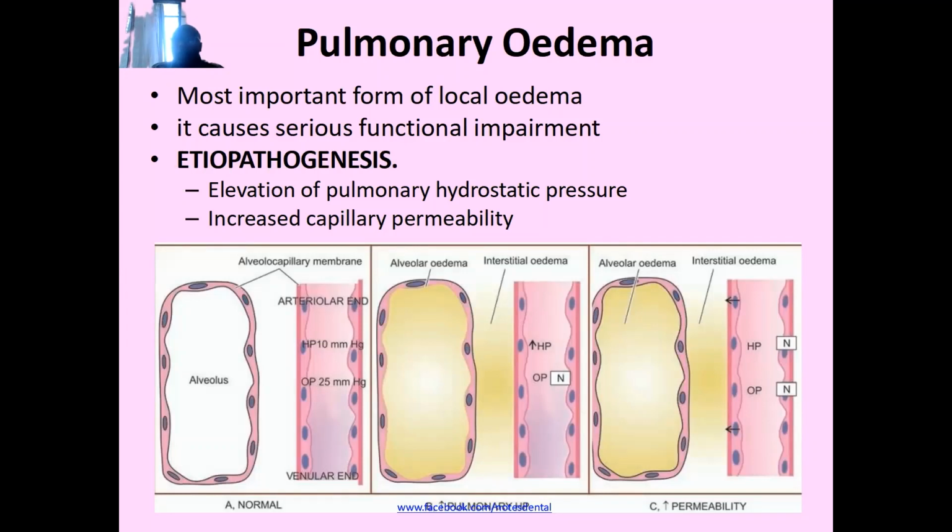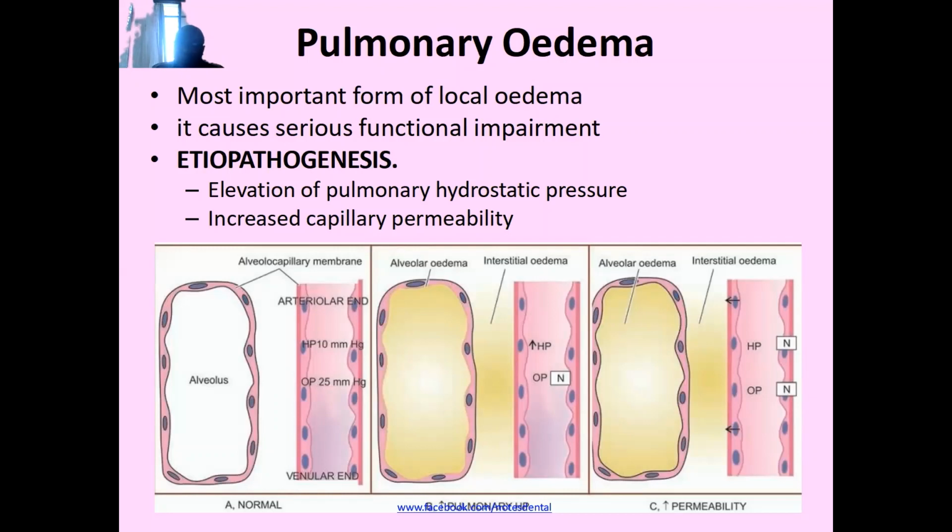It is caused by a functional impairment, and the etiology and pathogenesis is an elevation of pulmonary hydrostatic pressure due to increased capillary permeability. That means there will be fluid in the alveolar spaces. And you remember very well that the alveolar spaces are the gaseous exchange point.